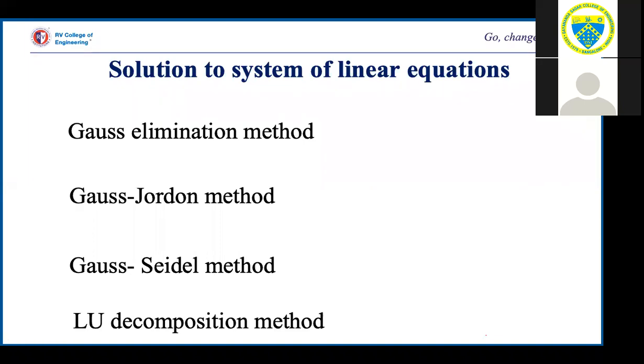You may be wondering, we are discussing numerical methods, and this Gauss elimination, Gauss-Jordan, LU decomposition are all analytical ways of solving system of equations, right? You may have a question, why do we need to study it here?